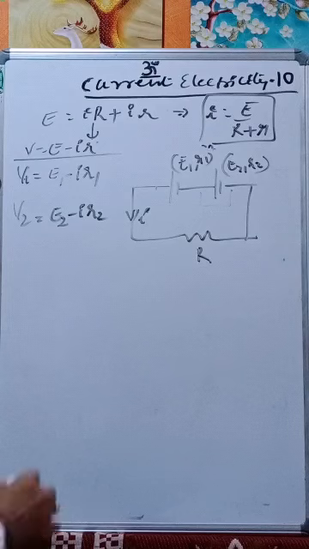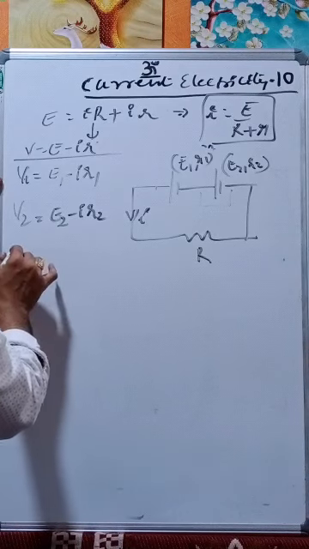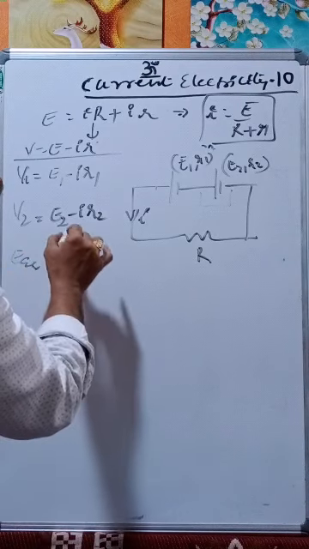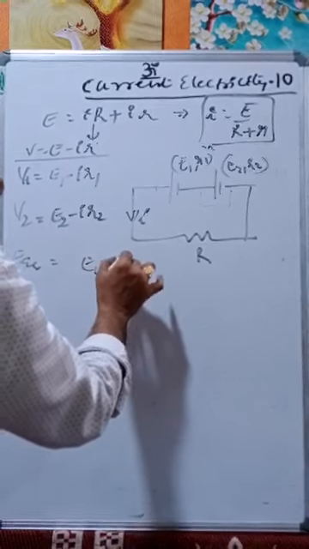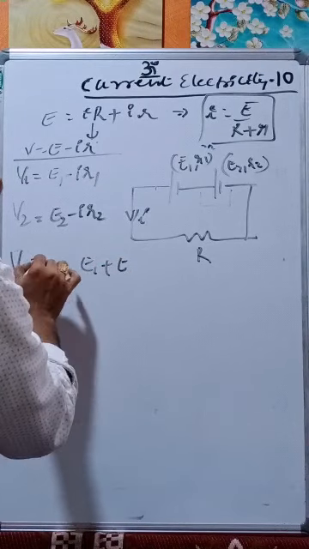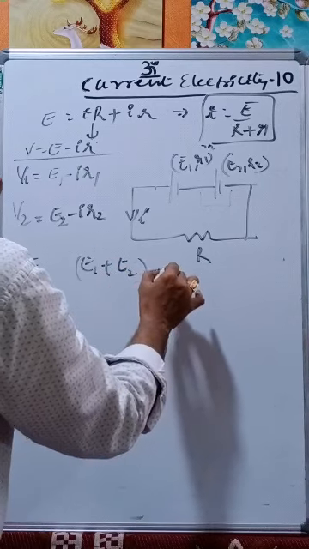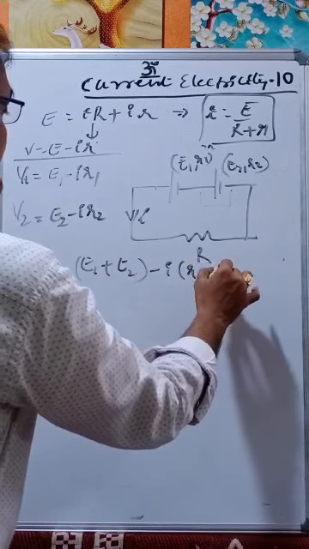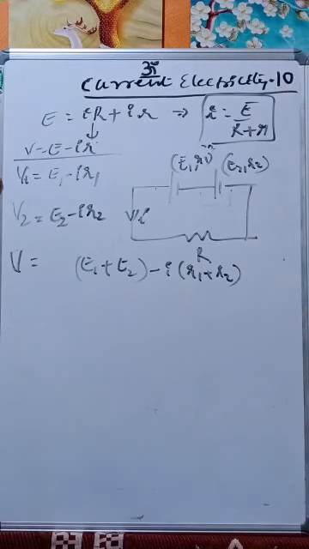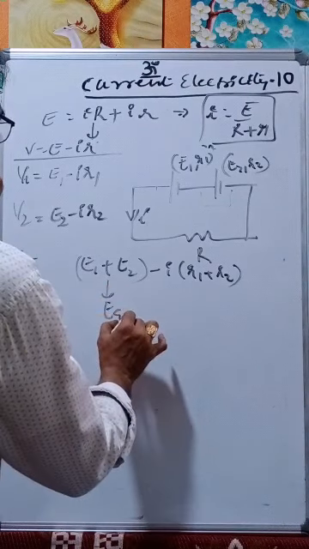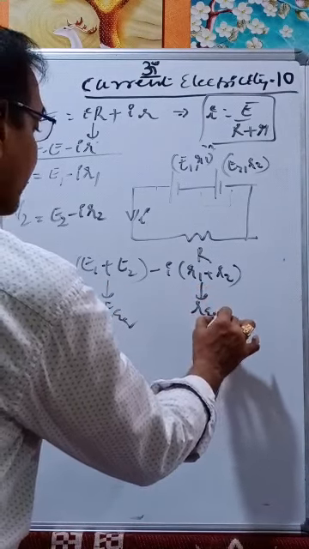Now, what is the equivalent E? The equivalent V is equal to V1 plus V2, which is E1 plus E2 minus I into r1 plus r2. This is what is called E equivalent, and this is r equivalent.